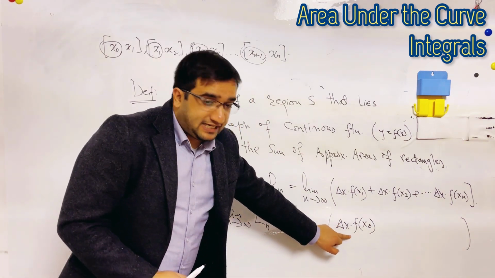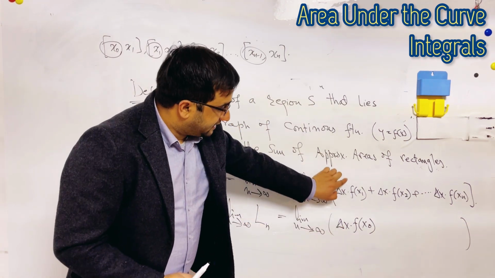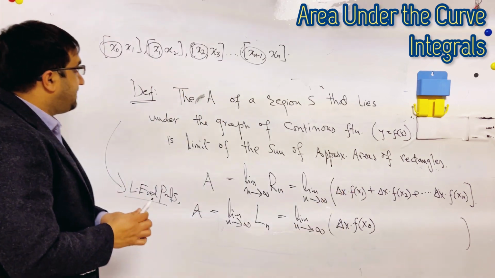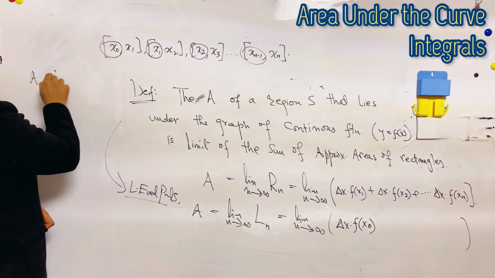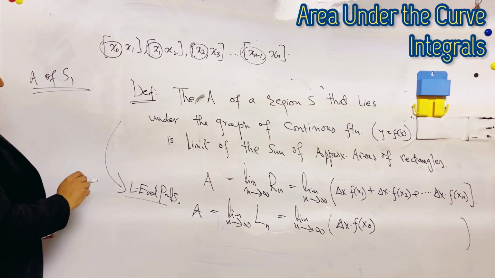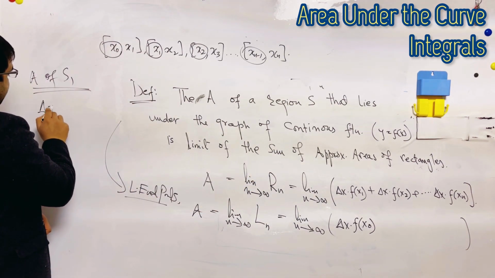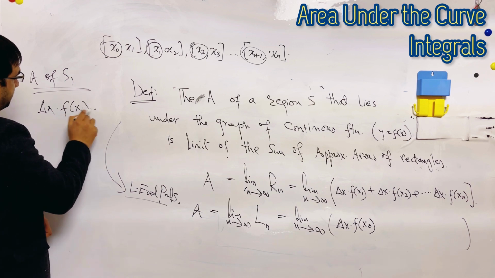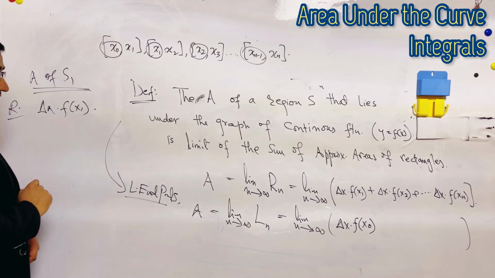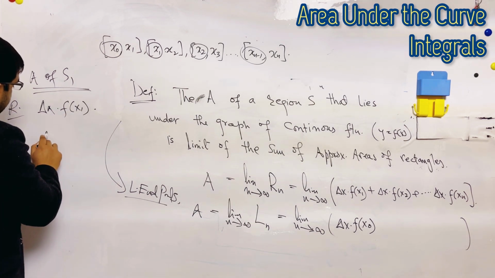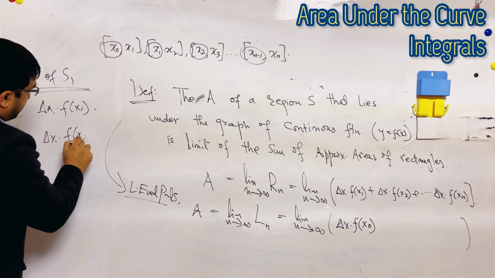Again, this is also the area of the first slice. Both are the area of S1. But when you are considering the right hand points, it is delta x into f of x1 for the right, and for the left, it is delta x f of x naught.